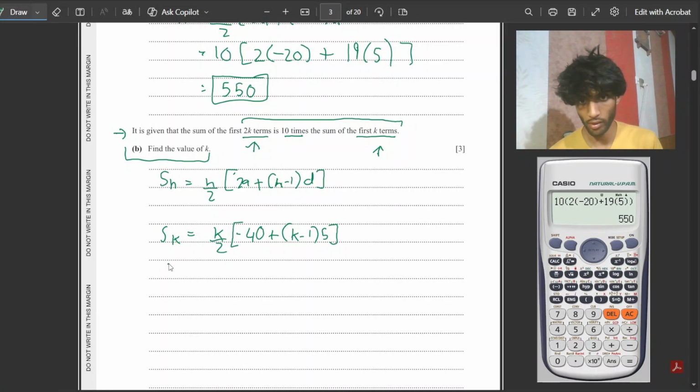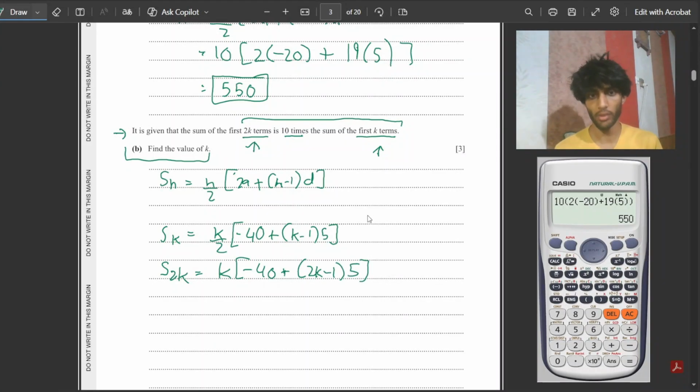Now, there's another sum of the first 2k terms, and that's going to be 2k over 2, which is just k, again times negative 40 plus 2k minus 1 times 5. Okay, so these are the two sums they are talking about. And then they tell you there's a relationship between these two terms.